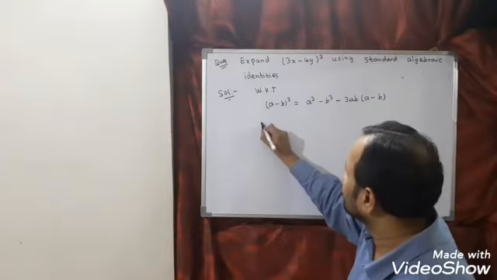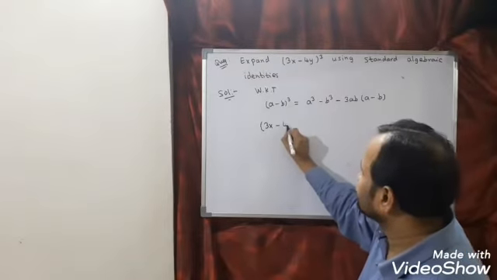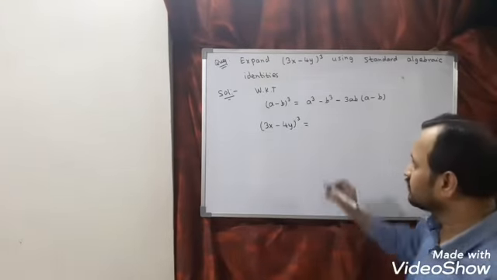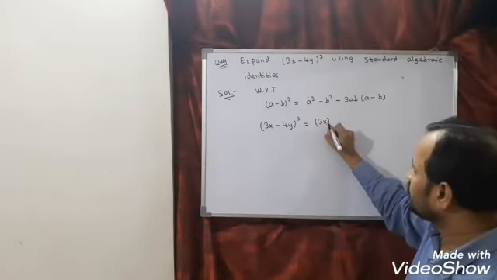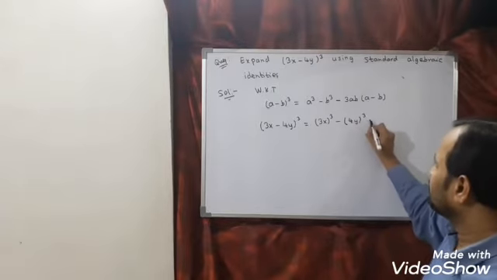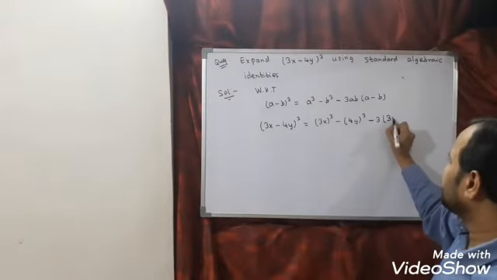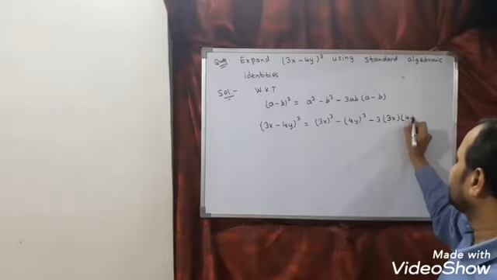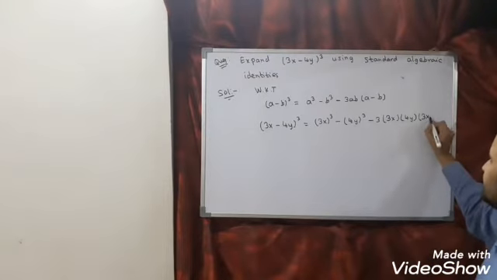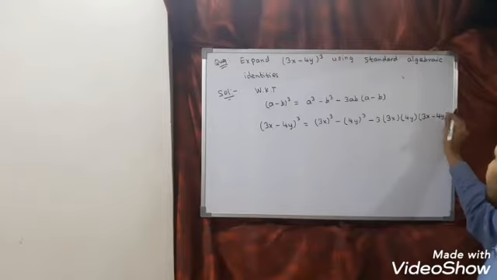So the question here is what? 3x minus 4y whole cube is equal to. Apply the formula. So what you will get? 3x whole cube minus 4y whole cube minus 3 into 3x into 4y into a minus b. A minus b here is 3x minus 4y.